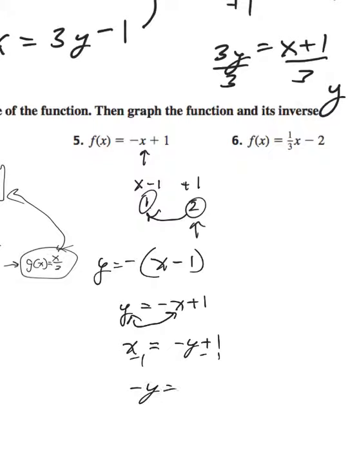Negative y equals x minus 1. And now we have to multiply both sides by negative 1 to make the y positive. y equals negative x minus 1. And again, we're going to give that a new name to distinguish it from f of x. We'll call it g of x equals negative x minus 1.